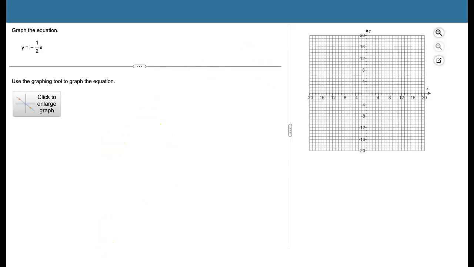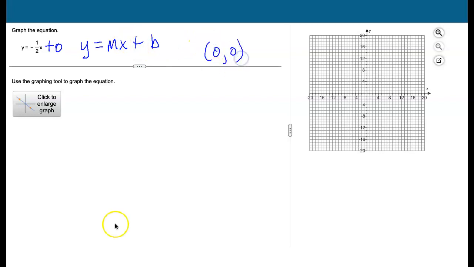And so what we need to remember here is that this is mimicking y is equal to mx plus b. And in this case, since we don't have anything after this first term here, we're assuming that the b is 0. Okay, so this automatically lets us know that we have a y-intercept that's at the origin.